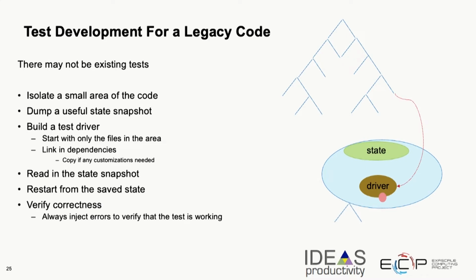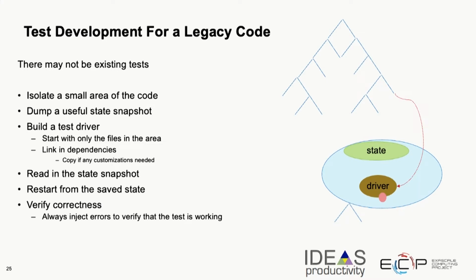So now, instead of running the model from initial conditions, you are effectively restarting your code from an intermediate state of its running, and you are only invoking the code section that you are interested in, and then you dump an output from that code section.